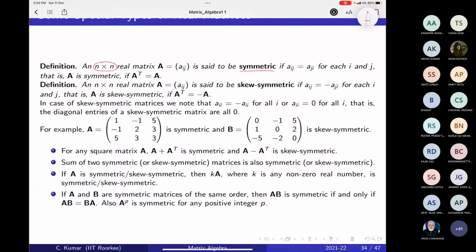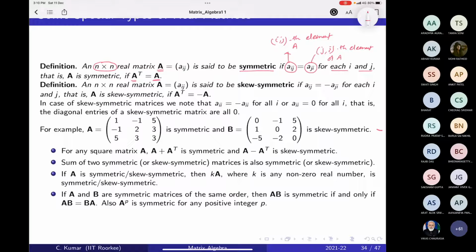We say that matrix A is symmetric if the transpose of A is equal to the matrix A. This means that the Aij element of matrix A, this is the ijth element of matrix A, is same as the jith element of A for each i and j varying from 1 to n.